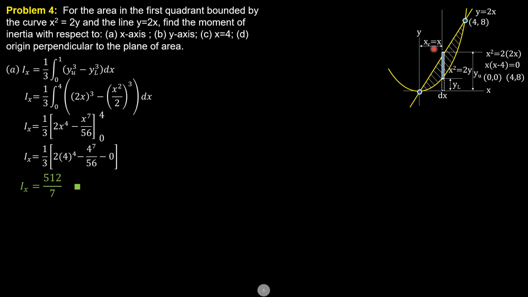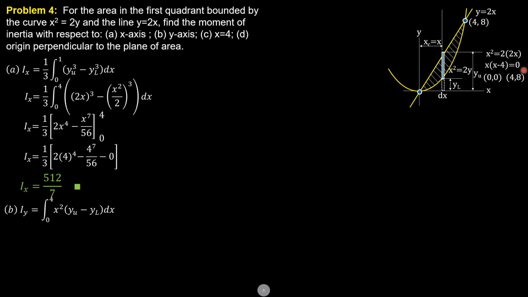Then Iy, with respect to the y-axis, the constant distance is x. So integral of constant distance x squared, then differential area, which is area of that rectangular strip, upper y minus lower y, times thickness dx. So Iy equals integral 0 to 4 of x squared, then quantity differential area, upper y minus lower y dx.